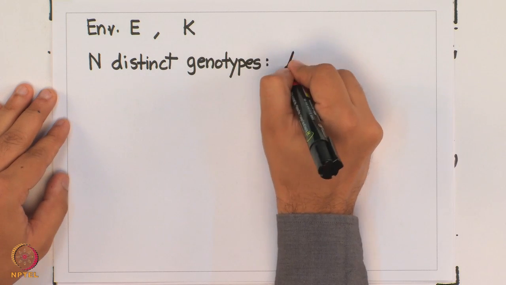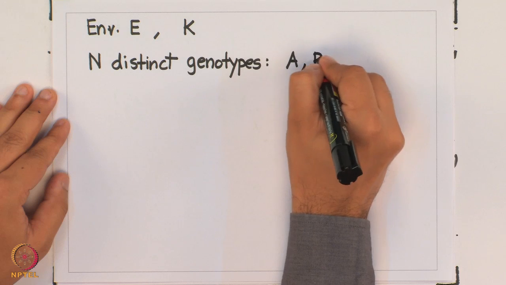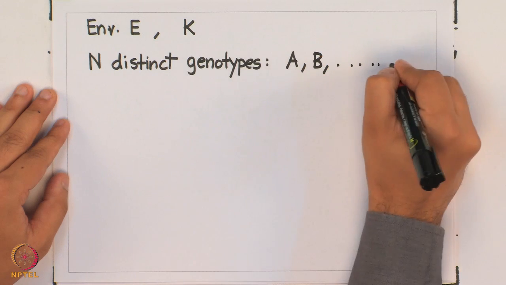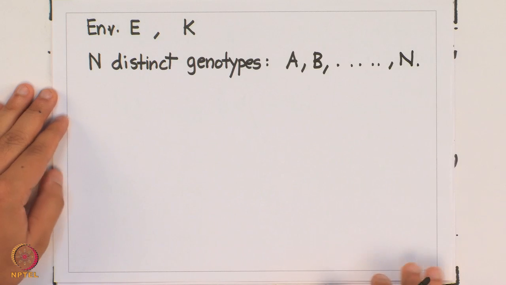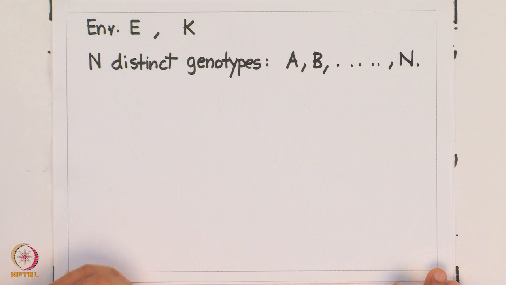Let us call them A, B, going all the way up to n. So, we have these n distinct genotypes.